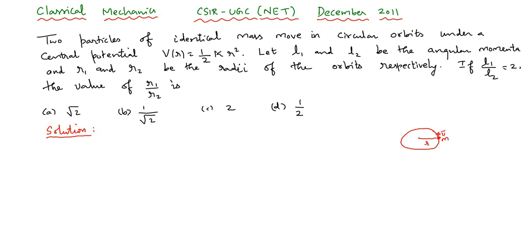The angular momentum L vector is equal to r cross p, where mass into velocity gives the momentum. So L vector is equal to r vector cross p.